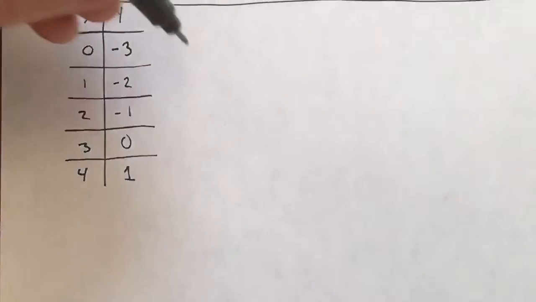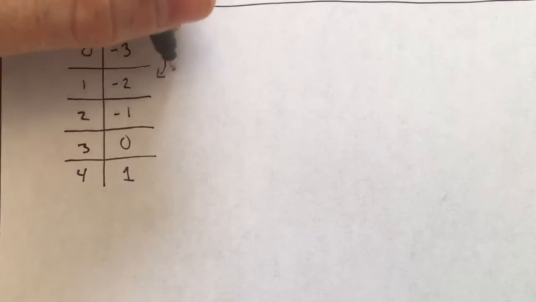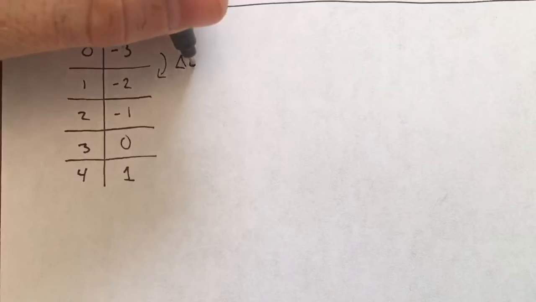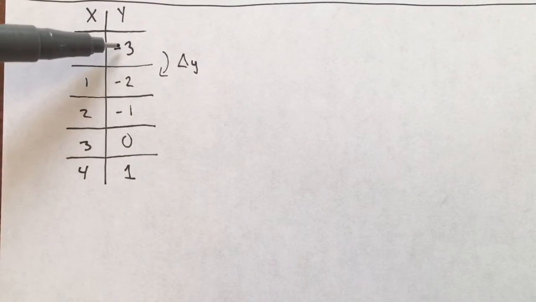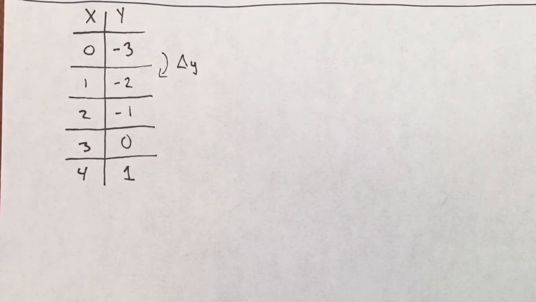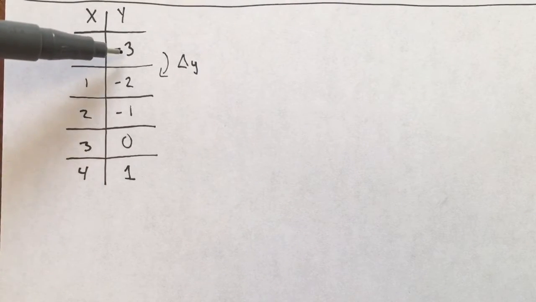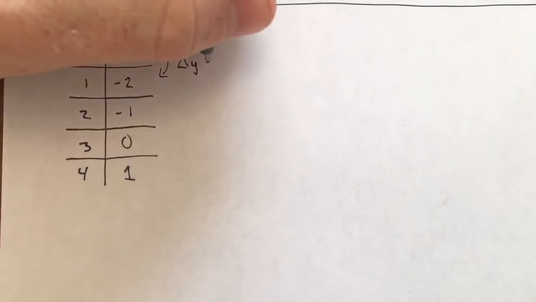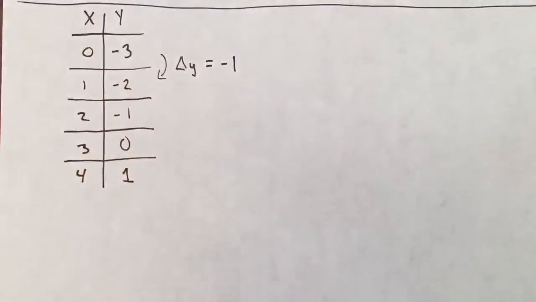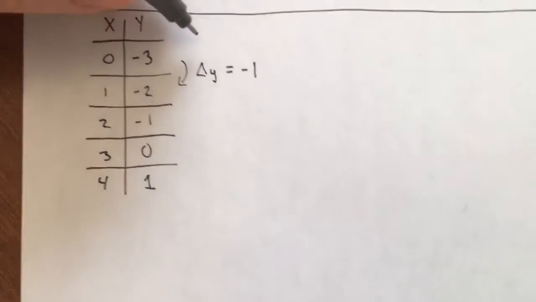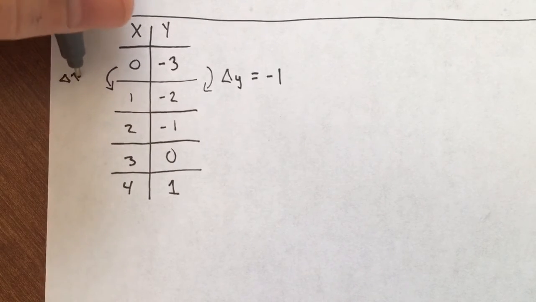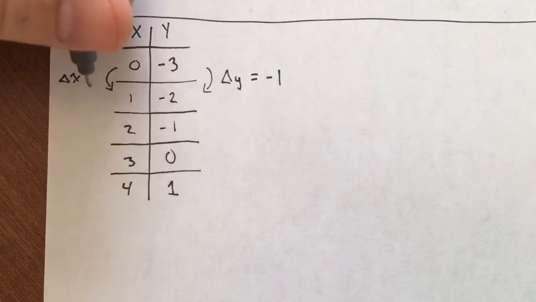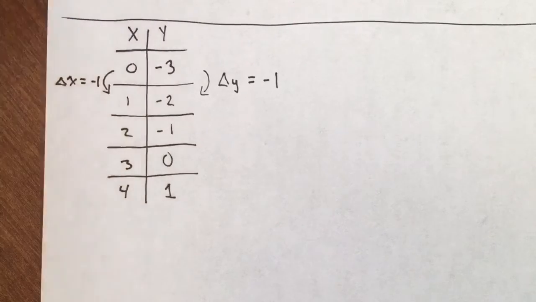So let's get started. First thing we're going to do is determine our delta y. And remember, it's subtracting. So -3 minus -2, which is -3 plus 2, which gives us -1. And then we're going to calculate our delta x value. So 0 minus 1 is -1 as well.